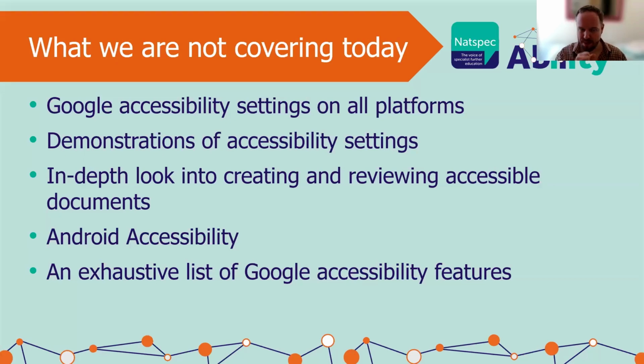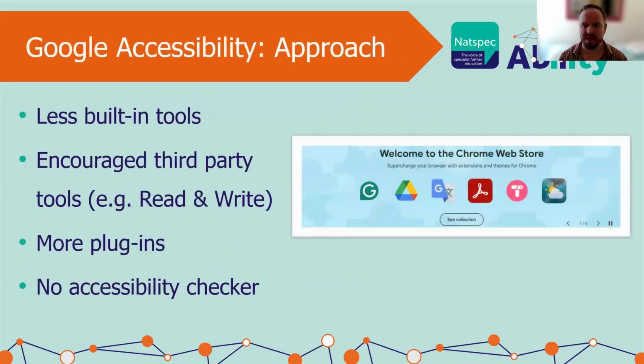We're not going to look at in-depth creating and reviewing accessible documents, particularly with Google. There are limits with that. We're not going to cover Android accessibility as we covered that with mobile apps and the mobile side of things, so we don't want to recover old ground. And we're not going to look at an exhaustive list of Google accessibility features, just the key ones that stand out to us.